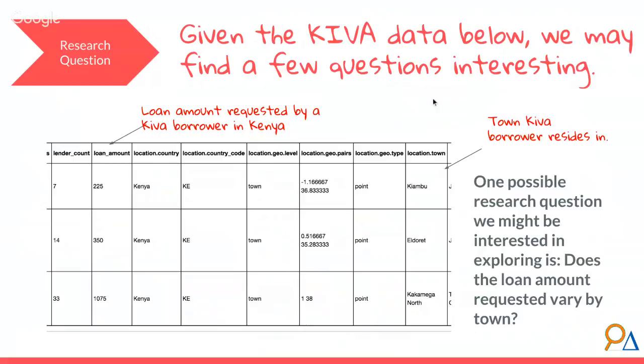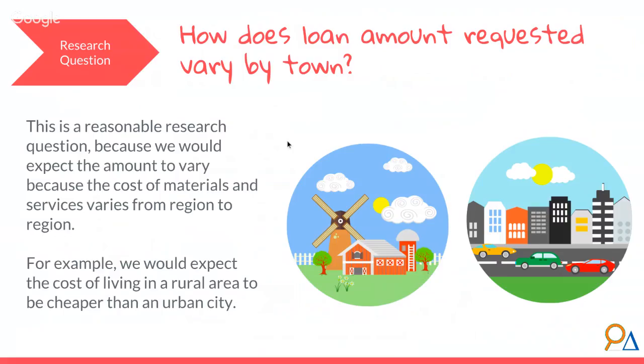That's one question. Can you think of any other questions that we might ask? We might ask, does lender count vary by town as well? Yeah, that's also another question we might ask.